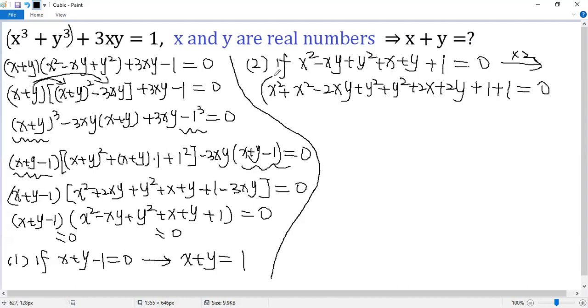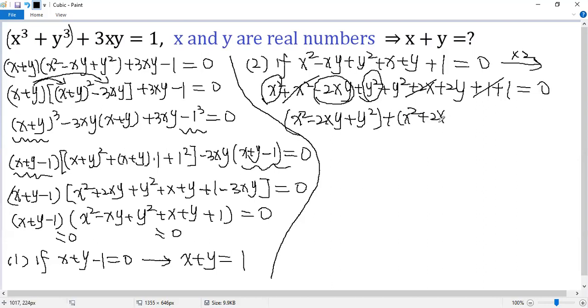Now we group these three terms: x squared minus 2xy plus y squared. The next three terms: x squared plus 2x plus 1. The last terms: y squared plus 2y plus 1, equals 0.